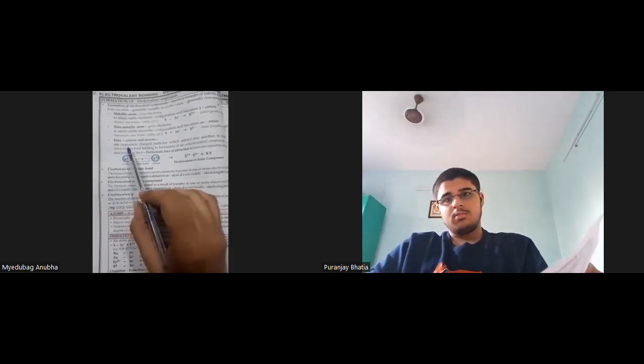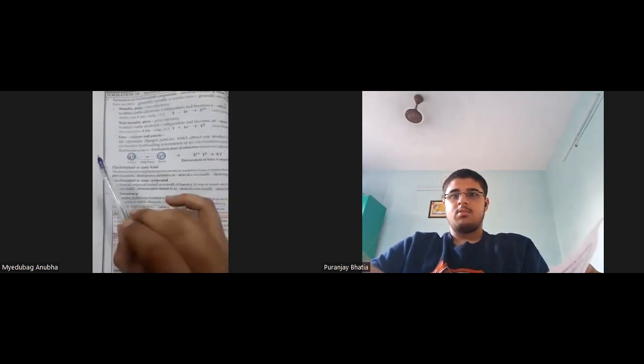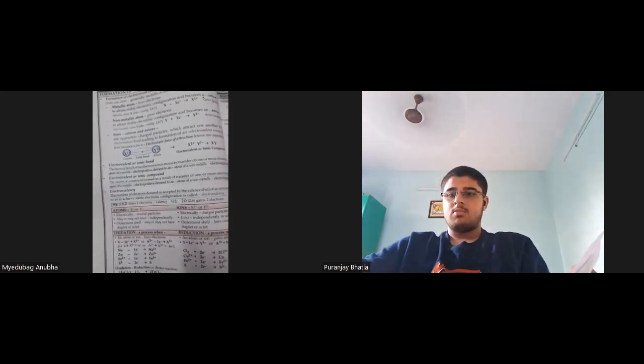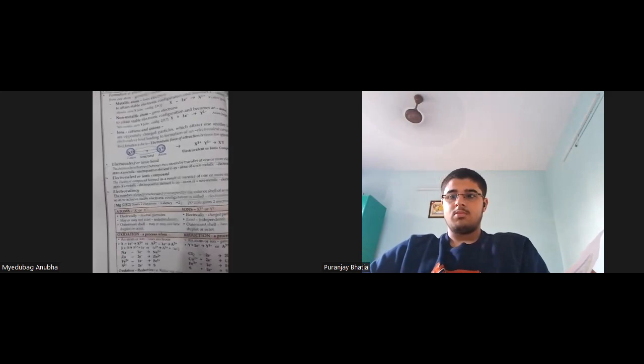Ions, as I told you, and your question which I've answered, about why we are not writing the noble gas: because they have just formed ions from the metal. After losing or accepting electrons, they are forming ions. They are not forming the noble gas, but they are attaining the configuration of a noble gas, right? Sodium is not trying to become neon. It is just trying to attain the stable configuration nearest to neon.